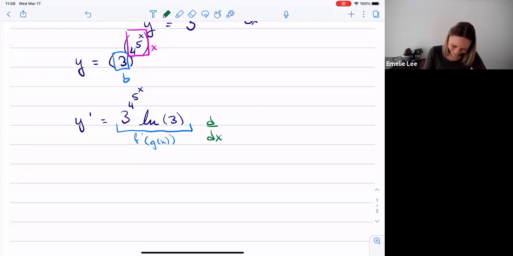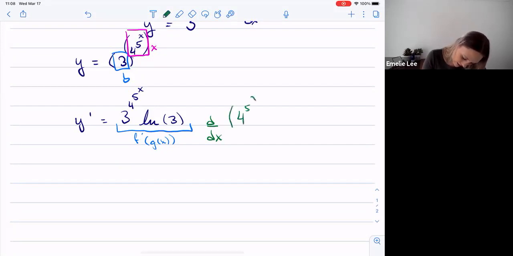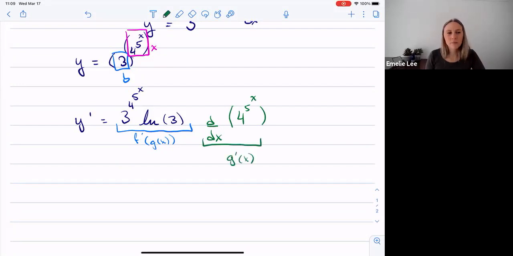I guess. So then we want to take the derivative of the inside, which in this case is the 4 to the 5 to the x. So we've got the derivative of 4 to the 5 to the x. And then this is g prime of x, essentially, right? The inside. And then we keep going.